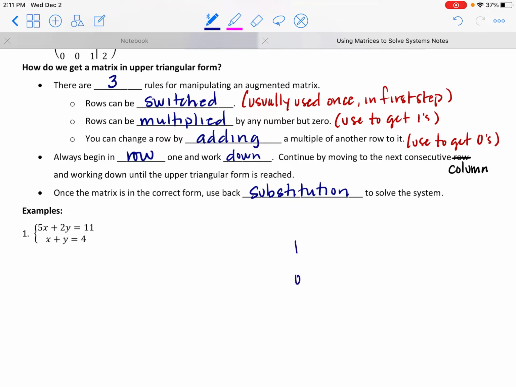So 1, 0, 0 is a must. 1, 0 is a must. But if we don't get a 1 here, if we just have some number and then another number here, any number left here is going to be fine because we can just divide to solve. So the thing is, we want to be able to use that back substitution. But the 1, this 0, this 0, this 1, and this 0, that's a must, okay, in order for this process using matrices to work. So let's try this. Are you ready?